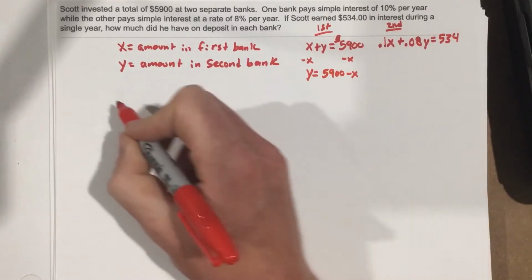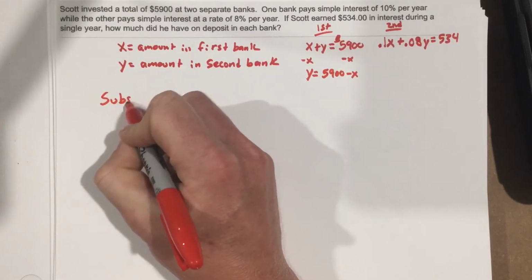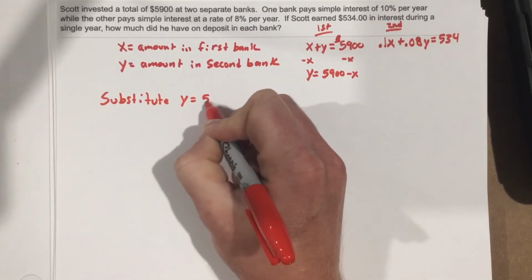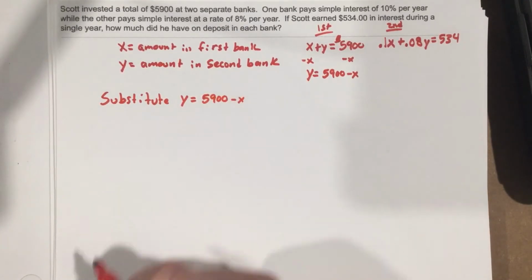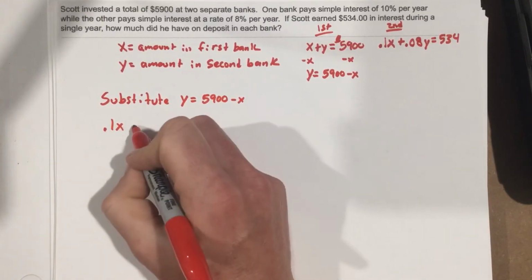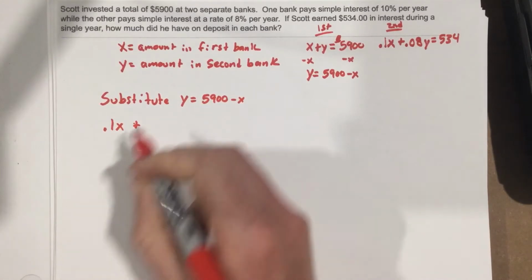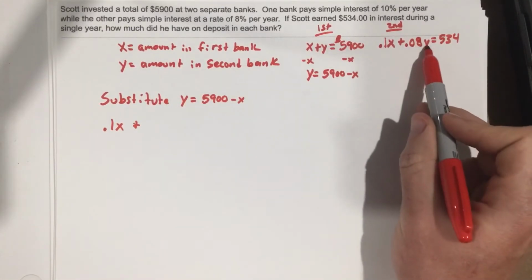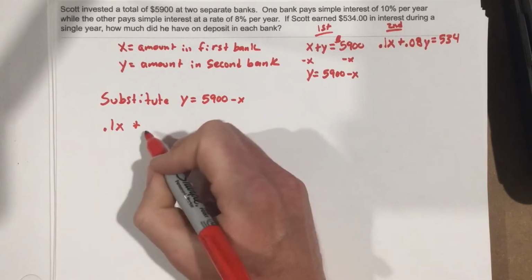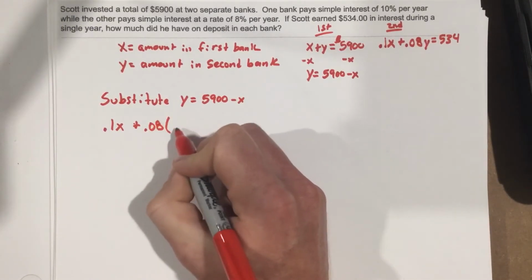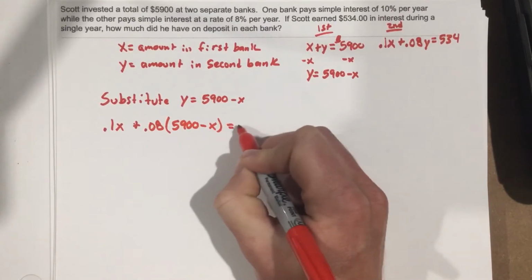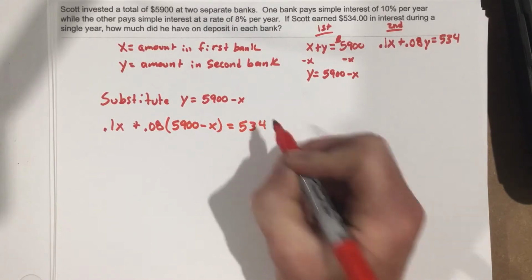Now I'm going to substitute Y equals 5,900 minus X, and that'll give you 0.1X plus, we're substituting in this Y value, which is 5,900 minus X, so this is 0.08, parentheses, 5,900 minus X equals 534.